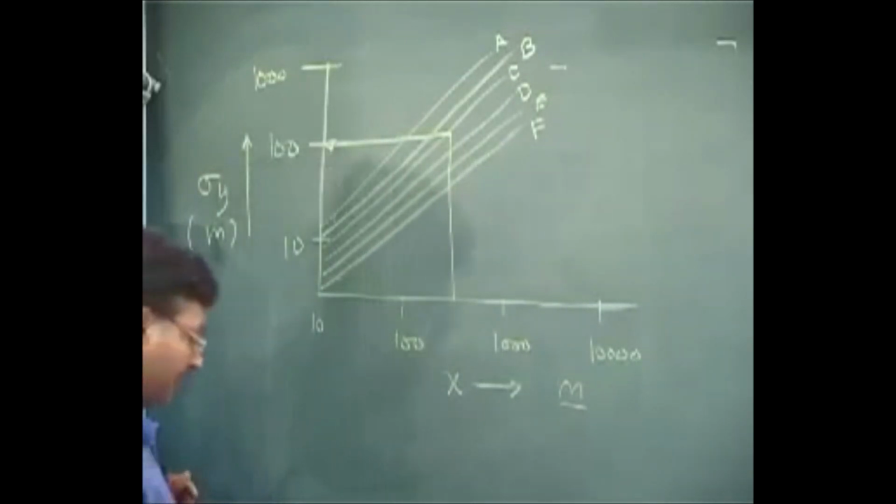Similarly, they did it for sigma z, which looks a little bit more curved.